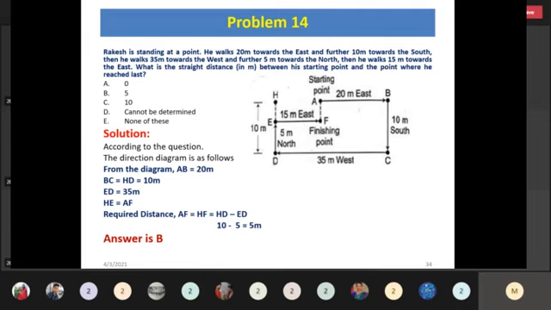So the required distance AF is equal to HF is equal to HD minus ED. So HD minus ED is equal to 10 minus 5 is equal to 5 meters. So it is very clear that the straight distance between the starting point and the point where he reached last is 5 meters. So the option is B, 5 meters.